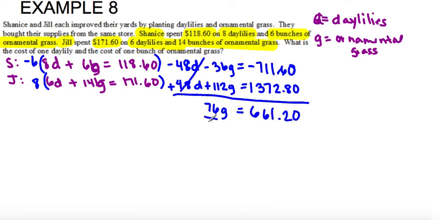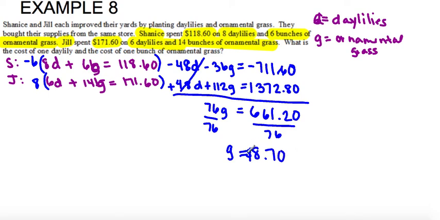I have to get G by itself, so I divide both sides by 76. So I have G equals 8.7. That's $8.70 for ornamental grass.